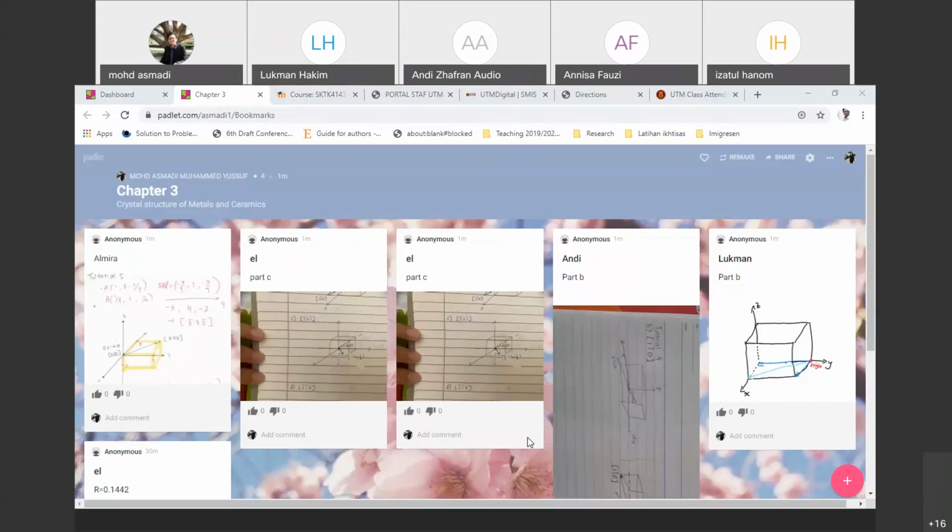You have to draw first using the orientation, and then you define the new one. Okay, doctor. Doctor, the new origin is up to us?